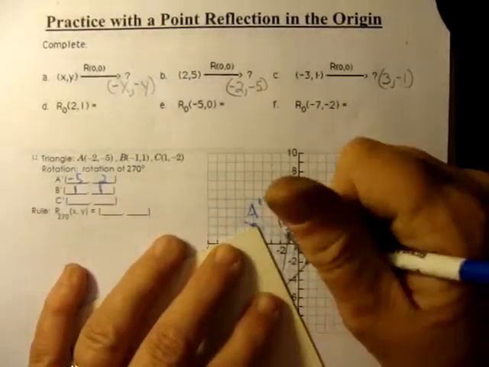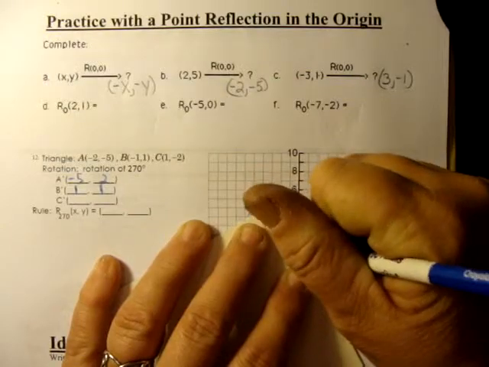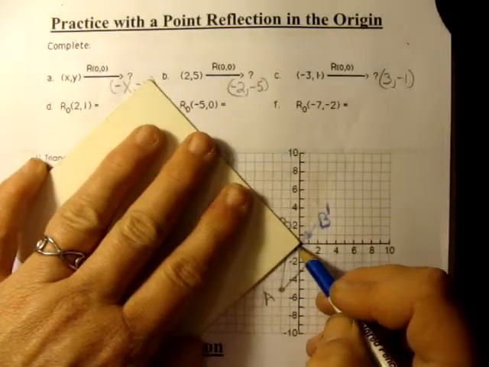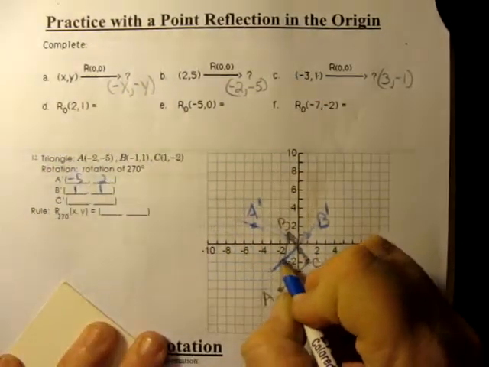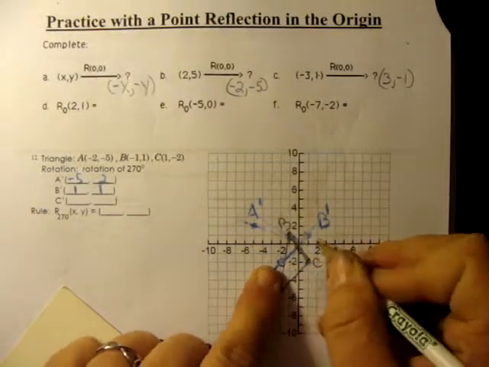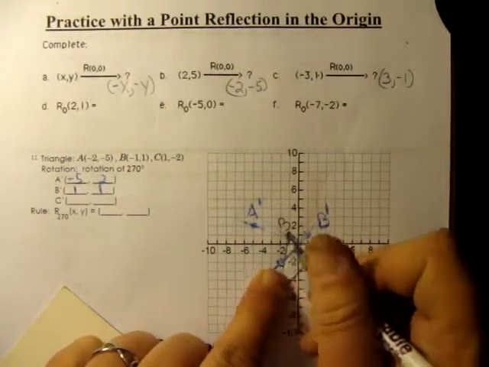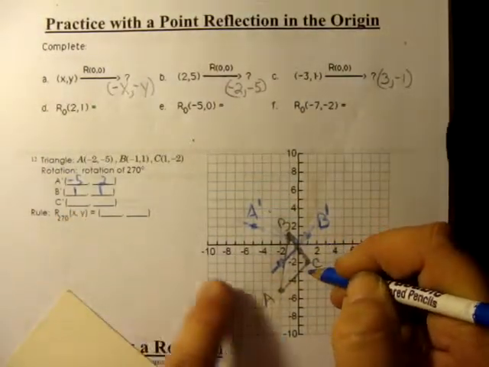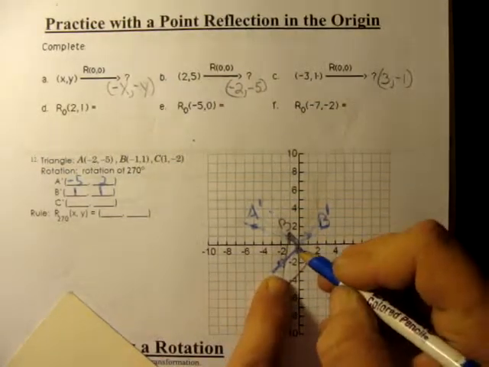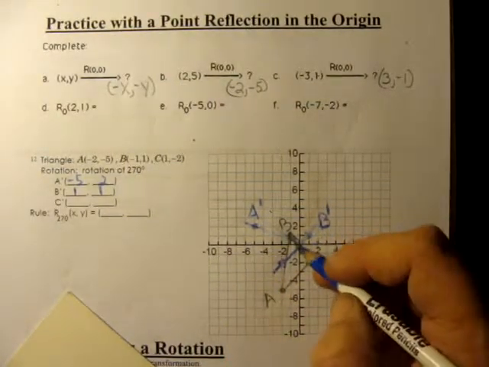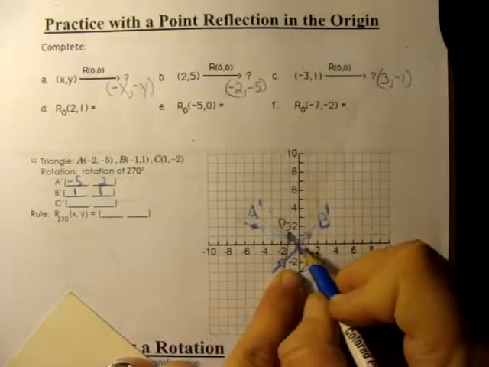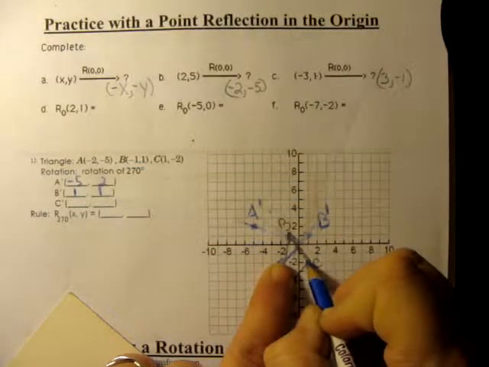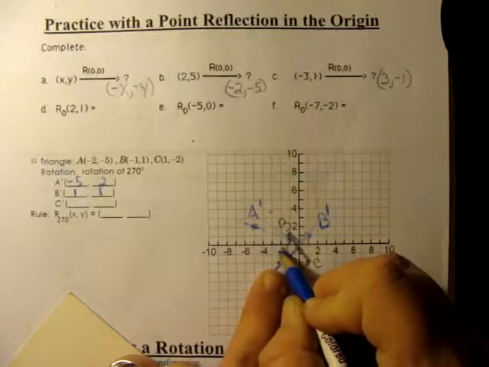C, if we go, and then it opens up, so that means it would be going this way. So C is going to be over here somewhere. Sorry, that's (1, -2). So 1 and 2 have to switch places, so 2 and 1.